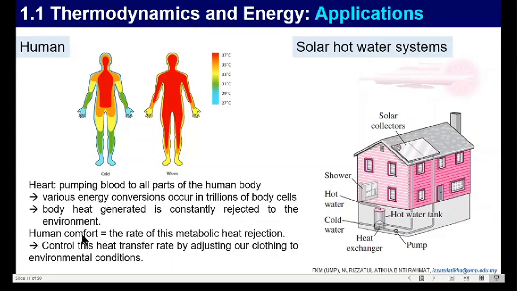So we have human comfort, which depends on the rate of this metabolic heat rejection. To control this and to get human comfort, we can adjust our clothing to environmental conditions. And another example, such as solar hot water systems, like shown in this figure.